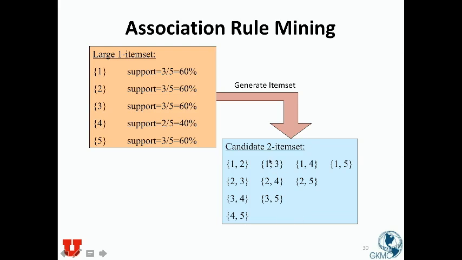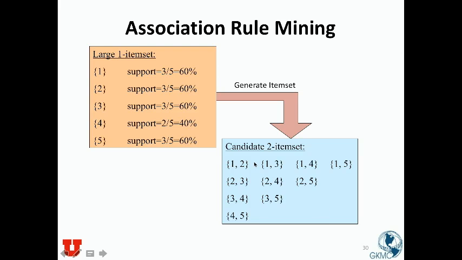And the reason is the Apriori property: if 1, 2 will eventually be large, then 1 must be large and 2 must be large. So since 6 or 7 are not large, we will not consider 1, 6, because 6 was not large. So 1, 6 can never be large.